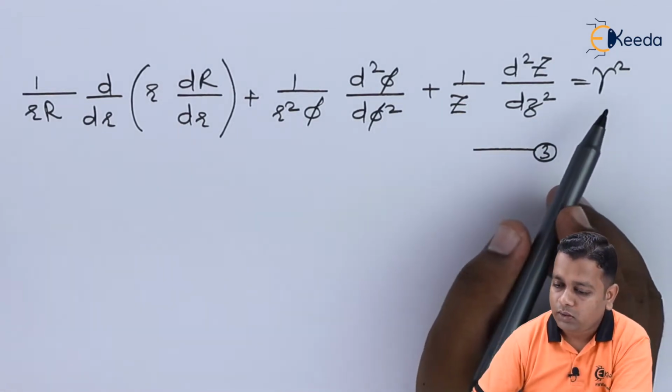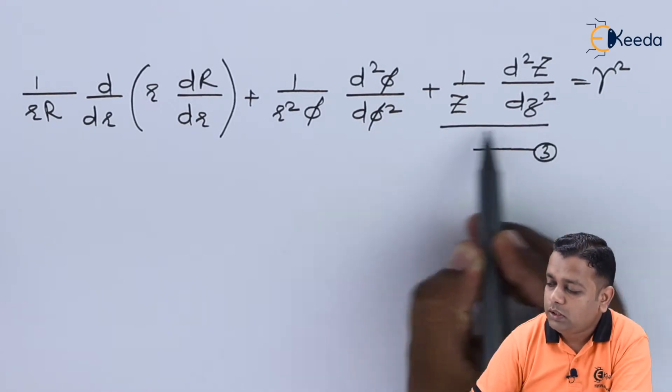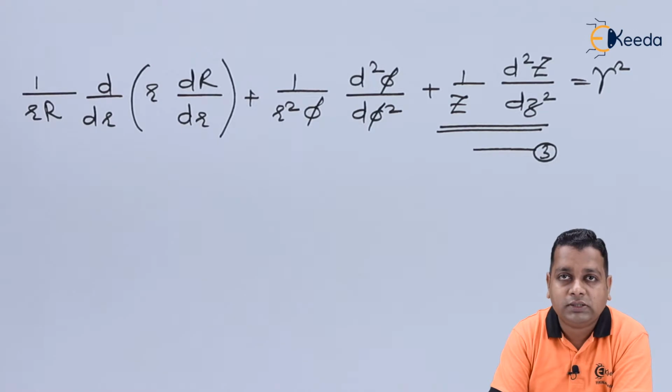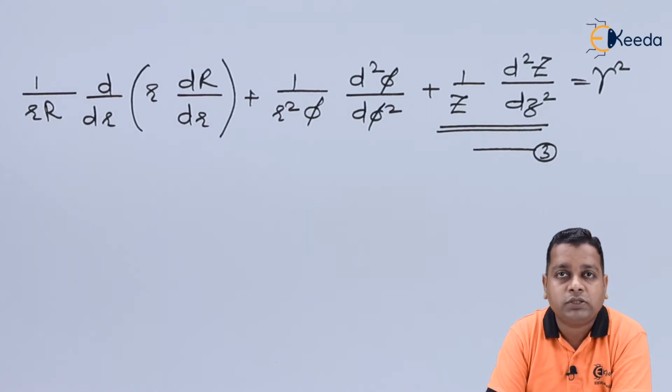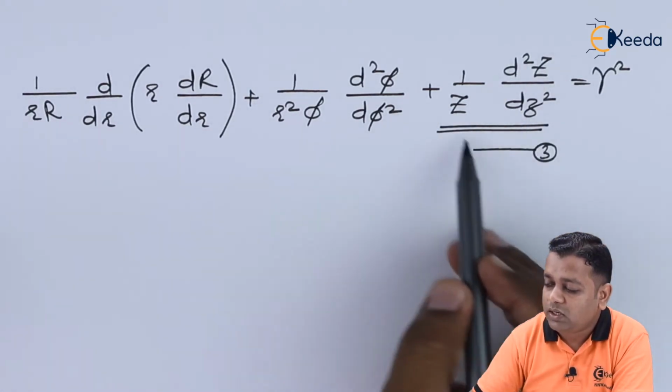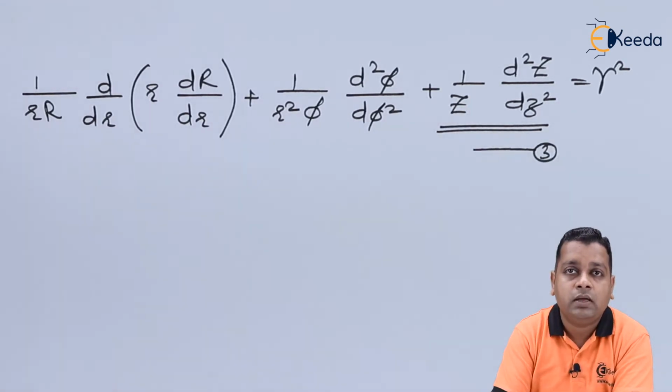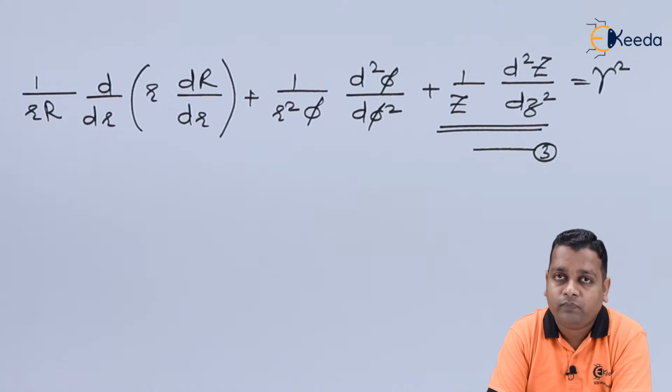Now the third term, if you concentrate here, in the cylindrical coordinate system for the circular waveguide, if the propagation of the signal is considered only in the z direction, this represents the variation in the z direction. So this is giving us the information regarding the guide having propagation here.